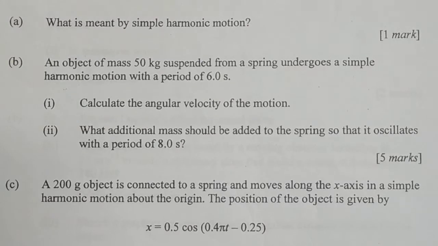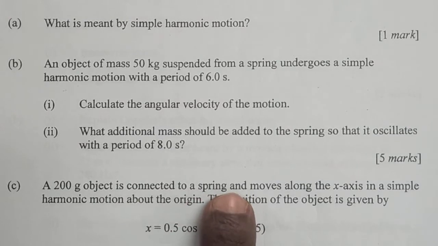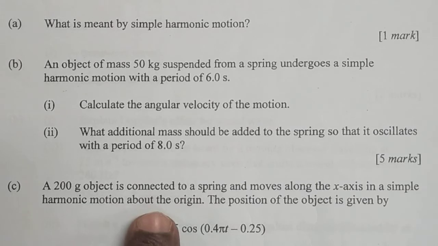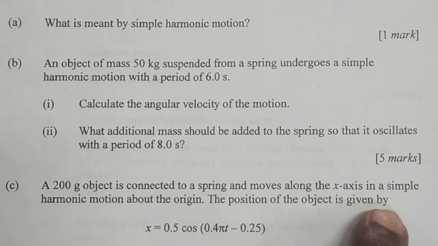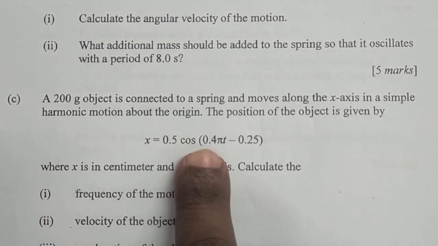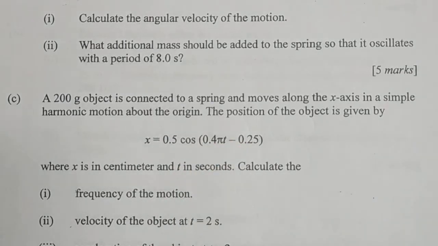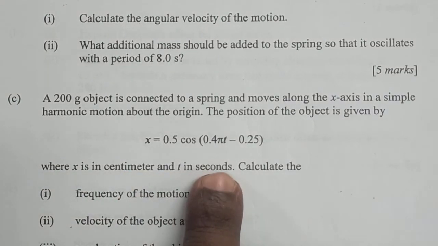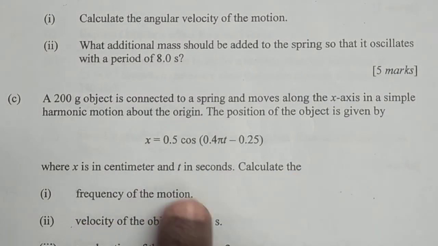For section C, a 200-gram object is connected to a spring and moves along the x-axis in a simple harmonic motion about the origin. The position of the object is given by x equals 0.5 cos in bracket 0.4 pi t minus 0.25, where x is in centimeter and t in seconds. Calculate the frequency of the motion.